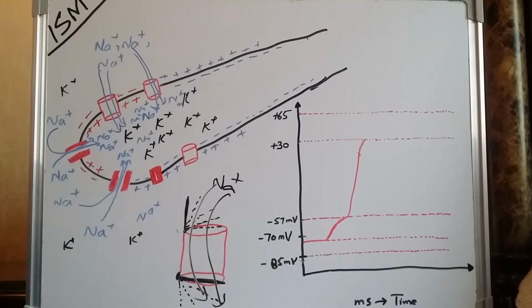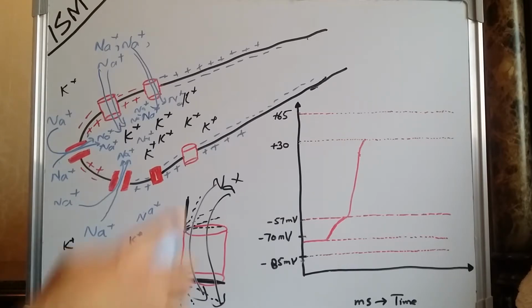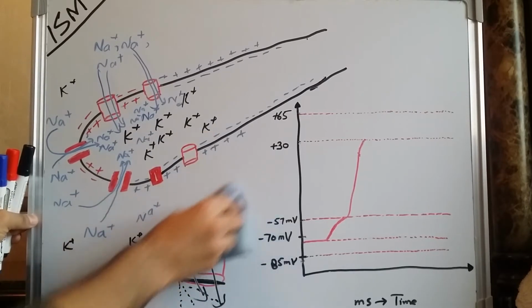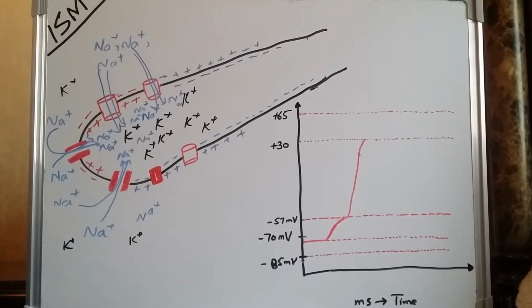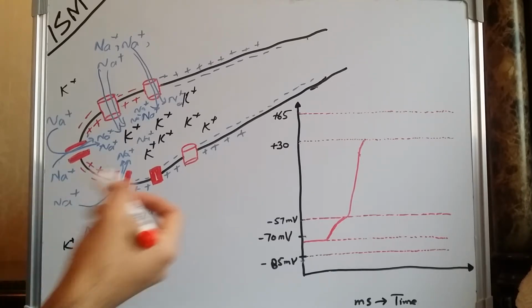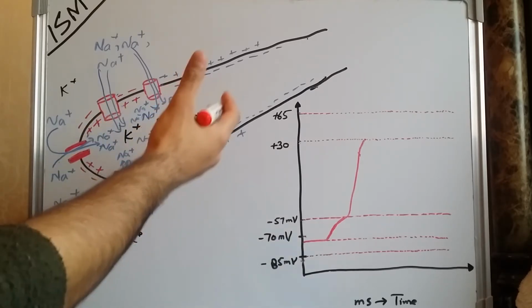Whenever enough sodium has moved inside that it reaches the potential of plus 30, the gates close again. Because of this, the depolarization never reaches plus 65, which is the equilibrium potential of sodium ions. Whenever it reaches plus 30, the voltage-gated potassium gates start to open up, and these are the potassium gates also present on the membrane.